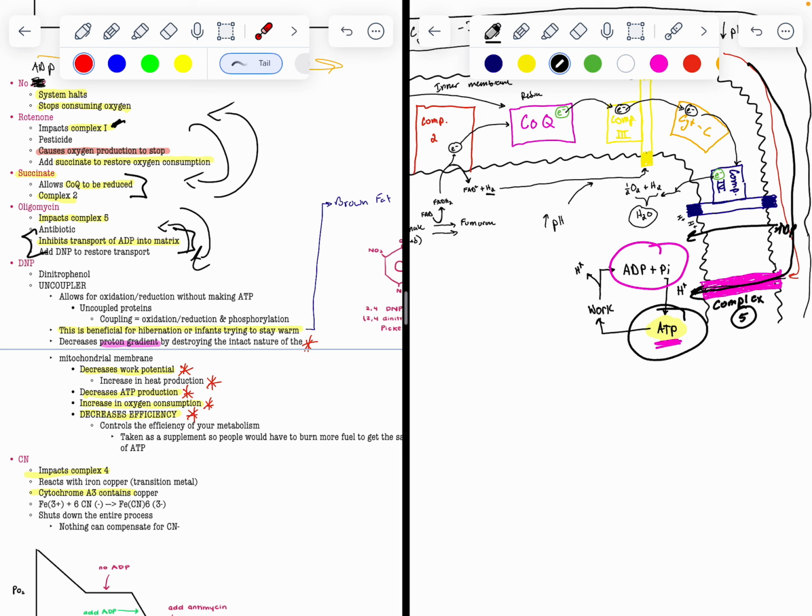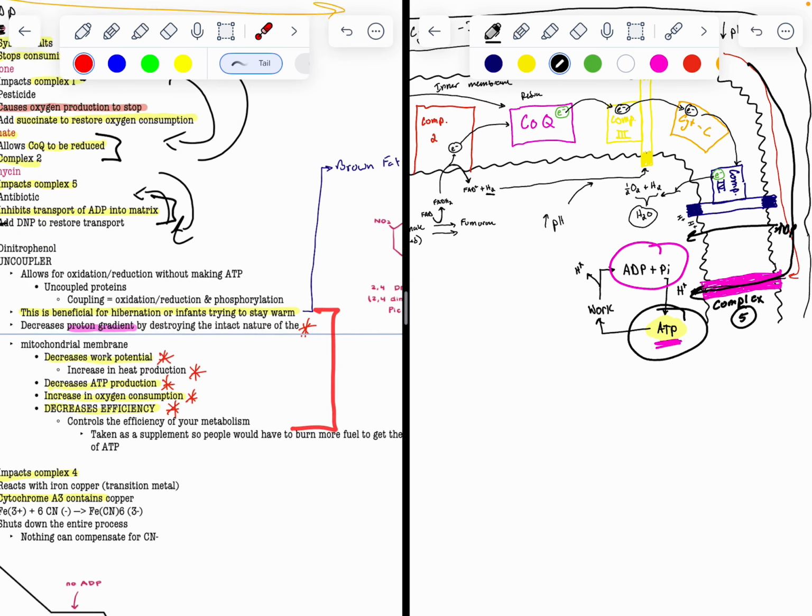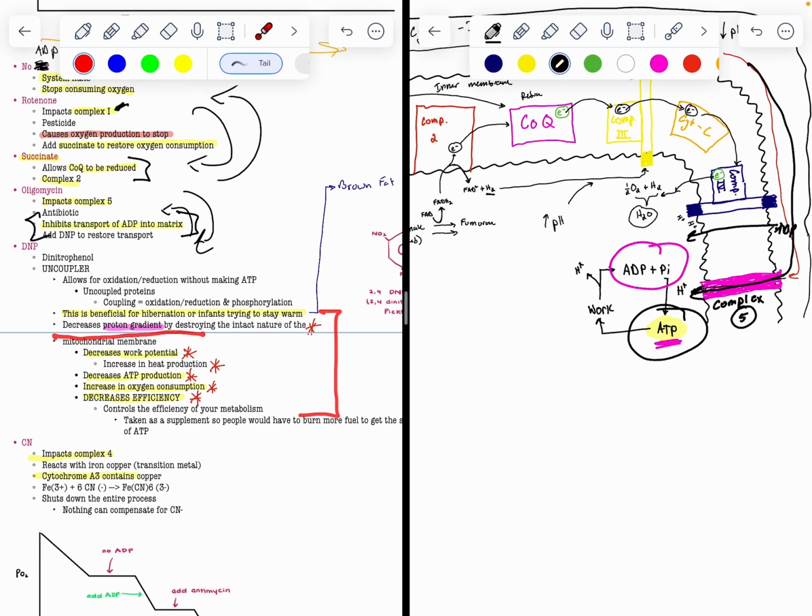So the star points right here: it decreases the proton gradient, it decreases the work potential, it decreases ATP production, and it increases our oxygen consumption, because we're still able to go through all these reactions, but we're just not really using up as much ATP as we were. But it decreases our efficiency.